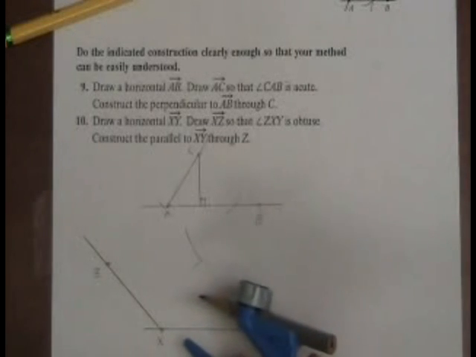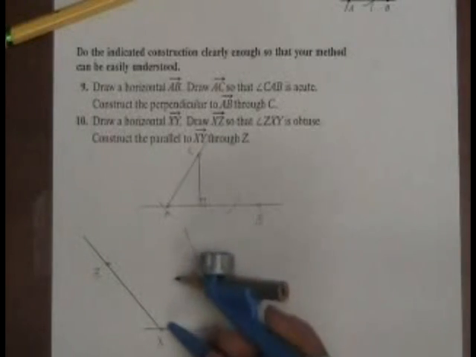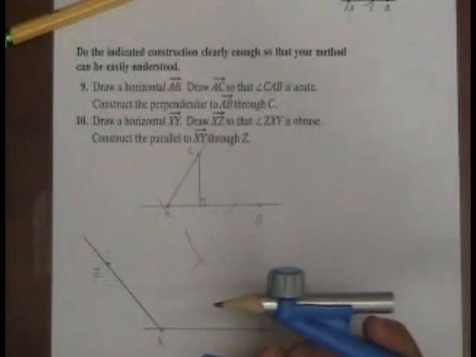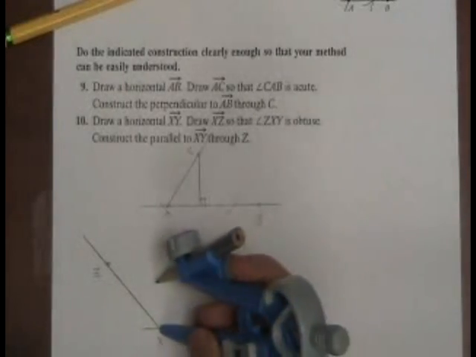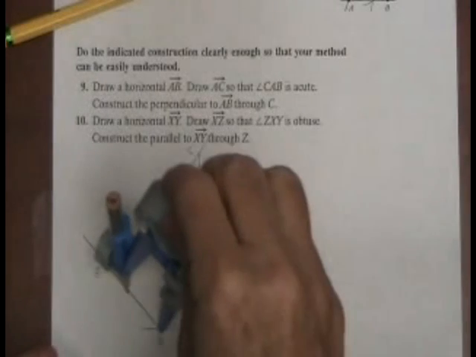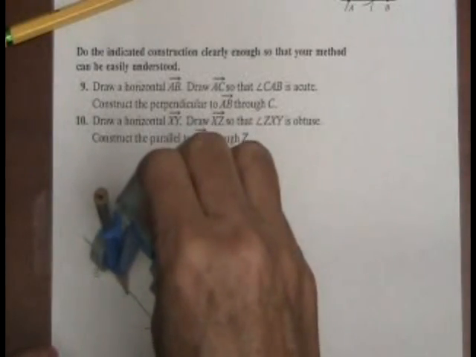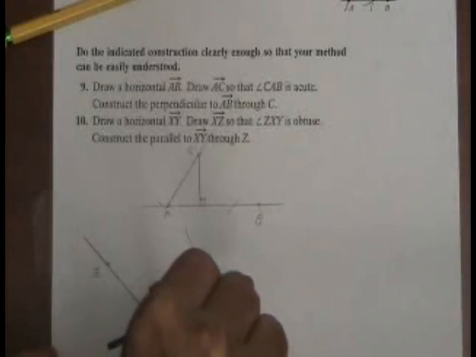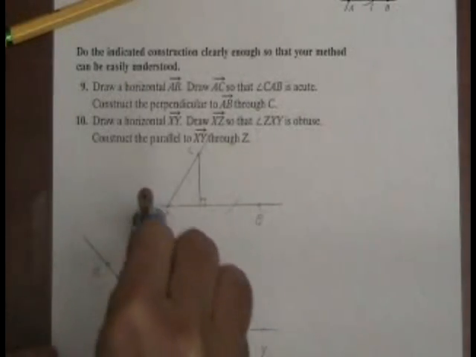You did that, and you could flip back to where we did that earlier, or you probably just remembered. First thing is to pick a setting. It doesn't matter what setting, but a setting to establish a distance. So I'm going to open mine up a little bit. Sometimes a larger setting makes this a little bit easier. So I'm going to just make an arc all the way across there. There you go.